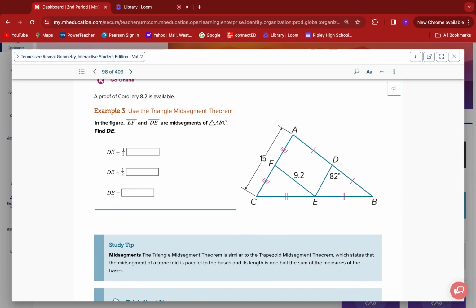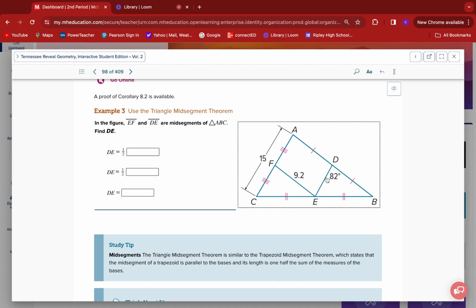Y'all, these are easy. If you can just match up things, either you got to divide by 2 or you're going to multiply by 2. So what I'm saying is this. AC is the side of a triangle. See how DE looks like it's parallel to it? It is because these are mid-segments. See how they're marked equal? So D is the bisector of AB. E is the bisector of CB because they're marked equal.